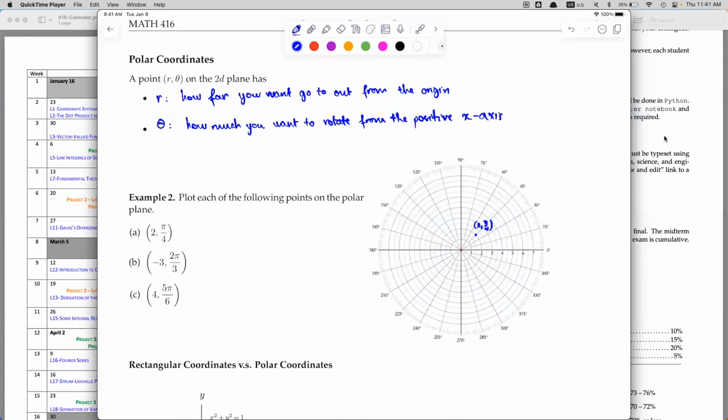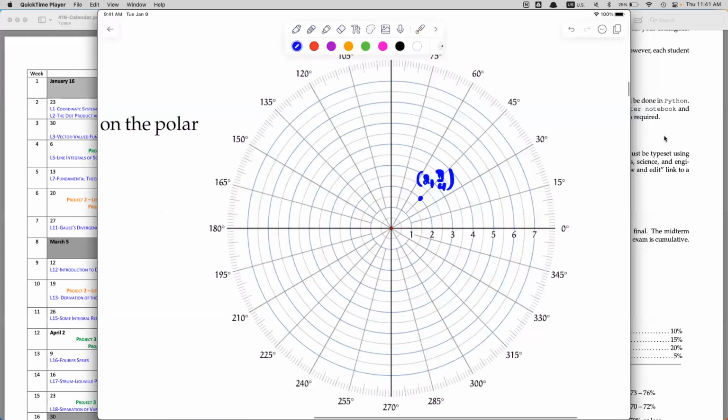So 120 is over here, and r is equal to 3. So let me zoom in. Use a different color here. So 3 here, right? But you go to the opposite side. So this is the point you're looking for: (-3, 2pi/3).